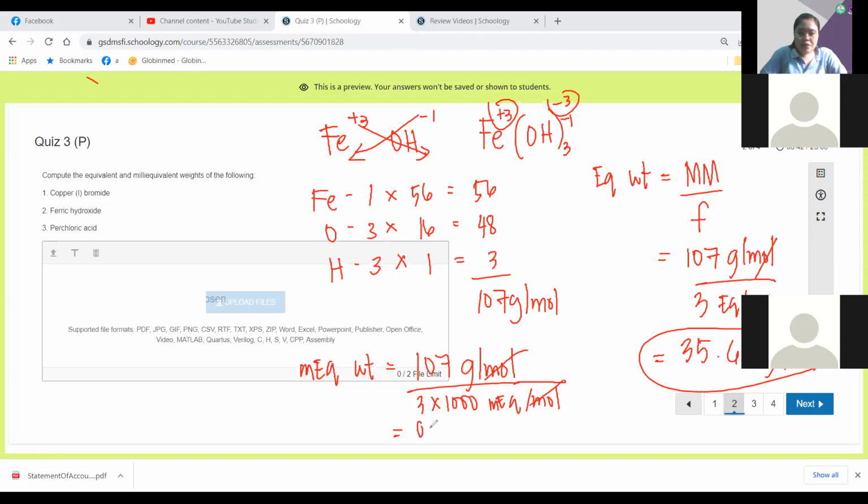You can have 2 to 3 decimal places, it doesn't matter. I'll still accept that. 0.04 grams per milli equivalent. This is the milli equivalent weight of our ferric hydroxide.